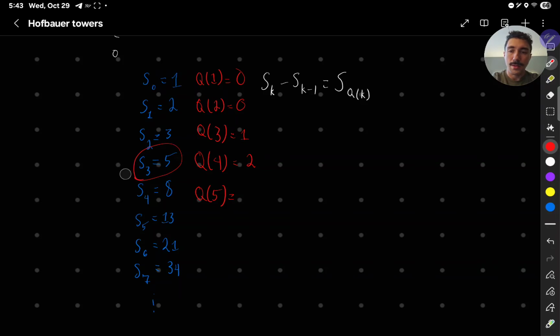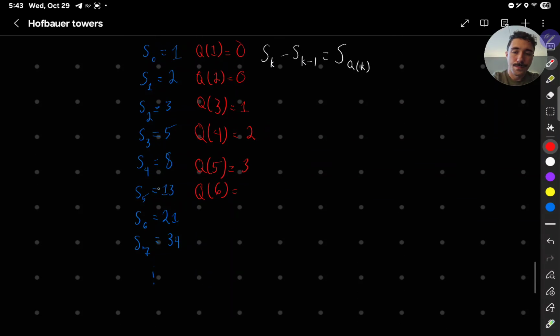The cutting time that is equal to that number is cutting time 3. q6, the difference is 8. 4 is that. My claim is this will be 5.